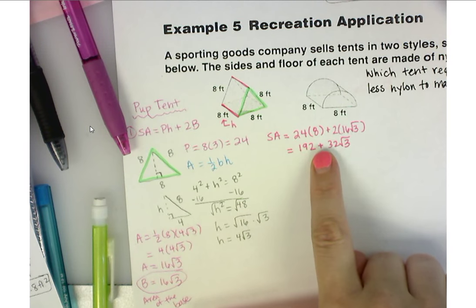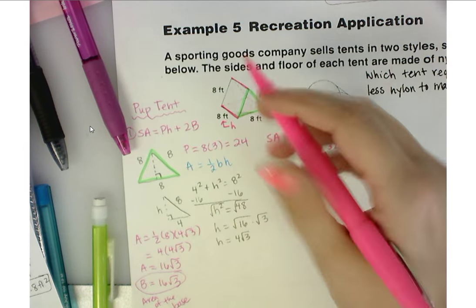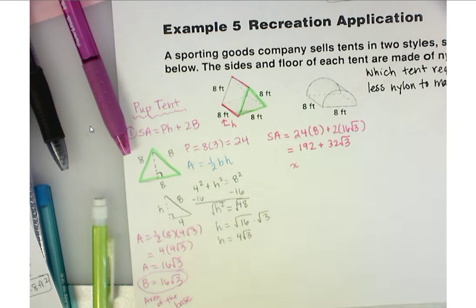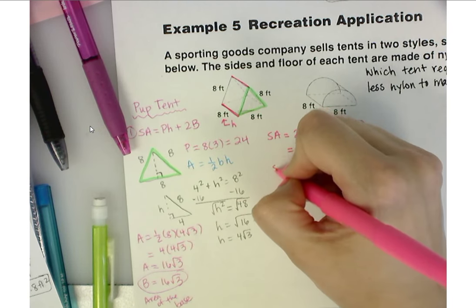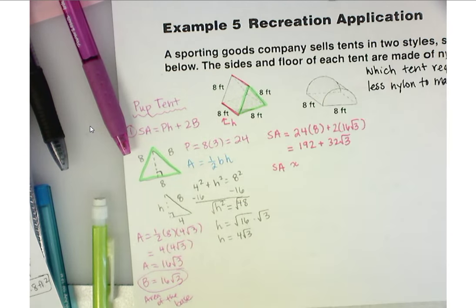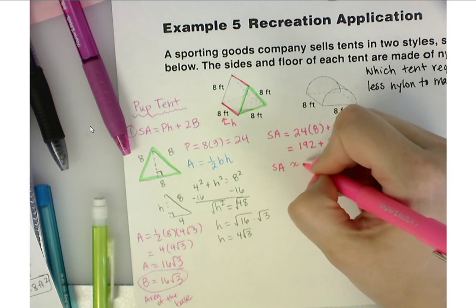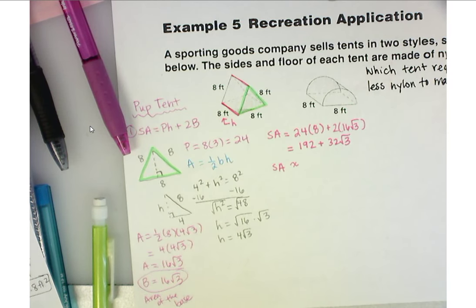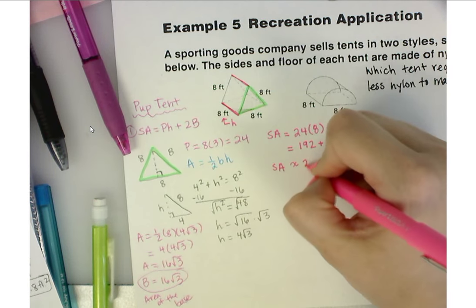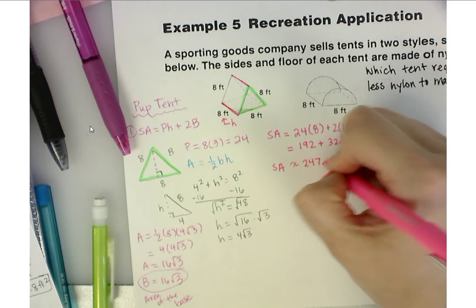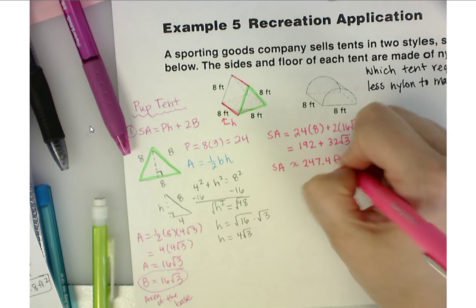And then add 192. And we're just going to round it to the nearest tenth. Okay, so Luke, did you get that one? Luke, what'd you get for the surface area? 247.43. Good. So I'm going to round it to 247.4, and this is going to be feet squared.